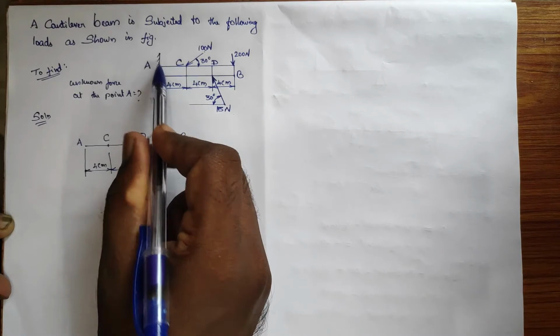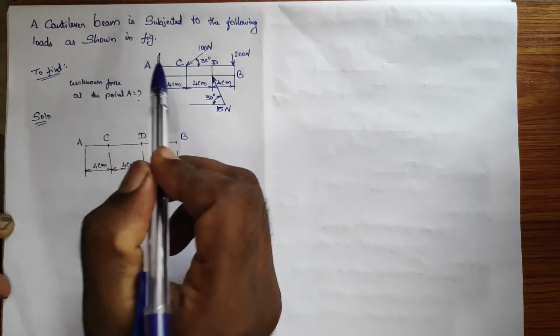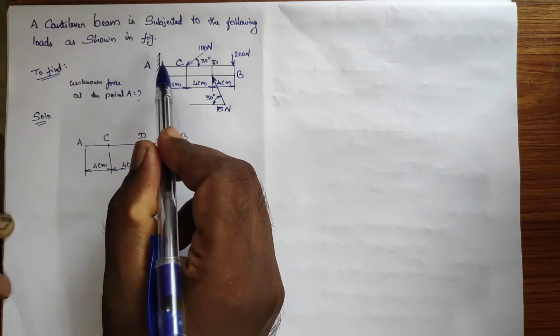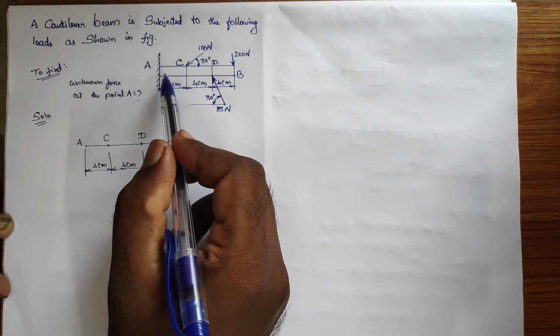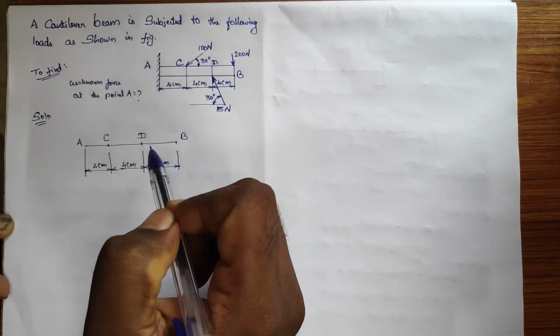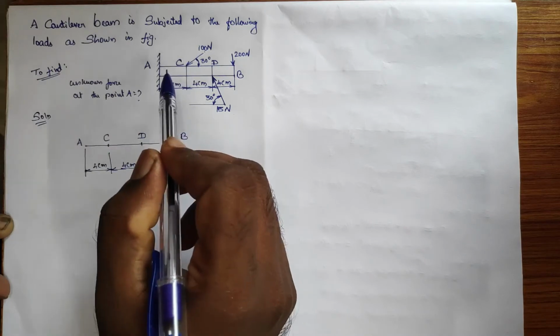Now try to identify all the forces. At the point A it's a fixed support. A fixed support does not allow vertical or horizontal movement or rotation, right?